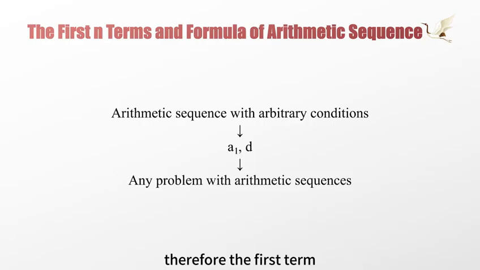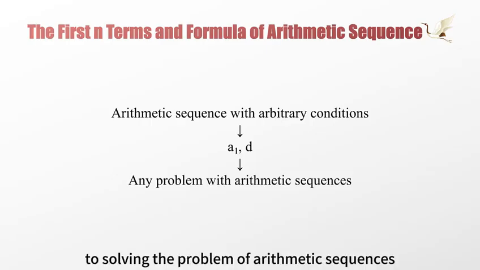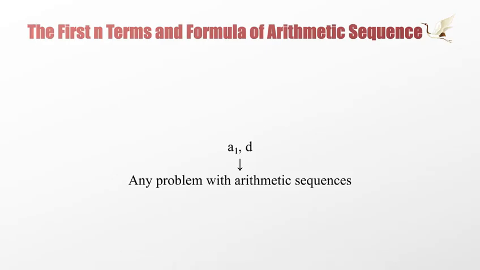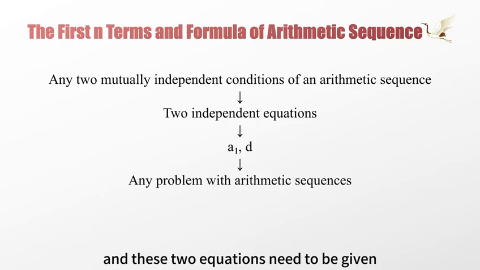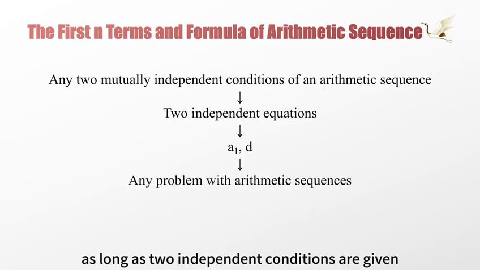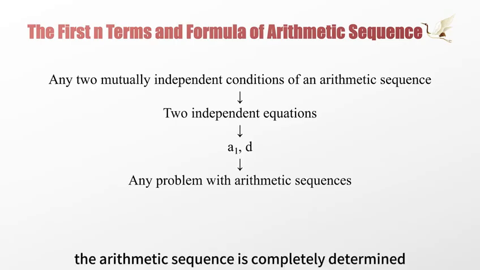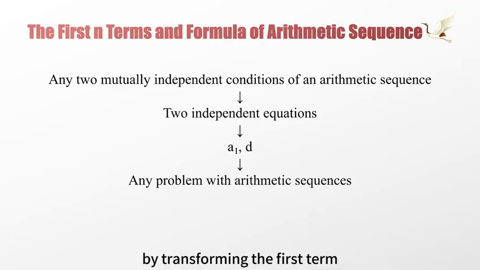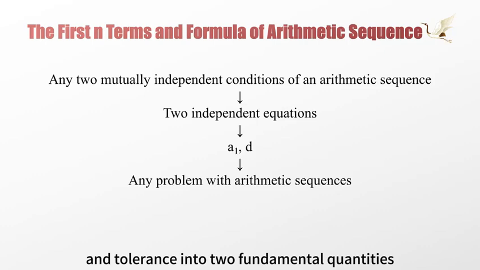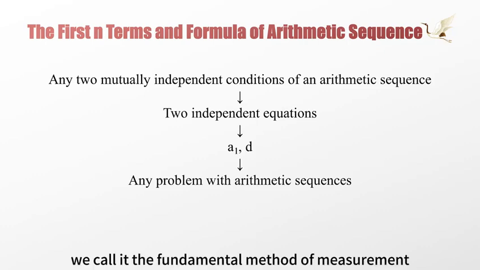Therefore, the first term and common difference are the key to solving arithmetic sequence problems. To obtain these two quantities, two independent equations are required, and these need to come from two independent conditions. It can be seen that as long as two independent conditions are given, the arithmetic sequence is completely determined. This method of solving arithmetic sequence problems by transforming conditions into the first term and common difference, the two fundamental quantities, has generality. We call it the fundamental quantities method.